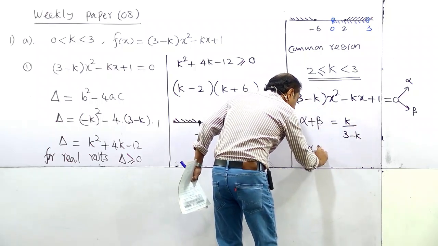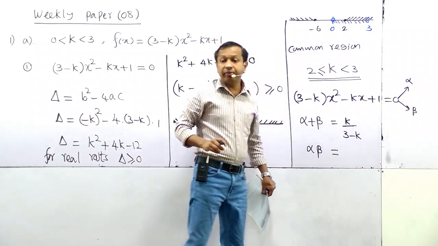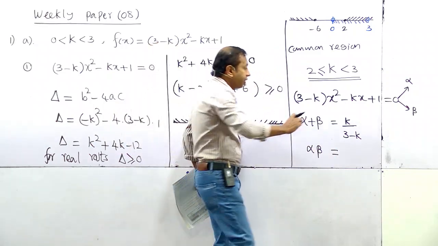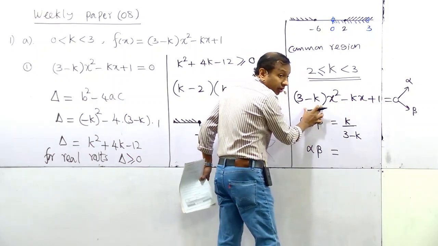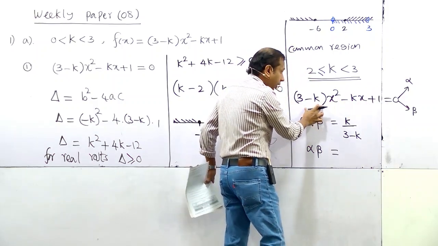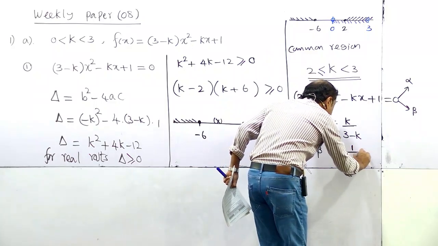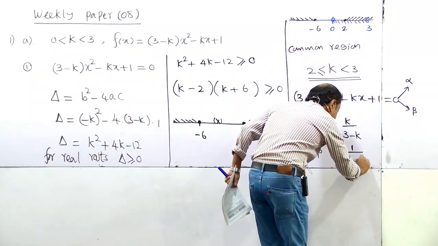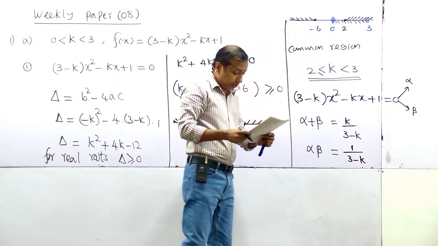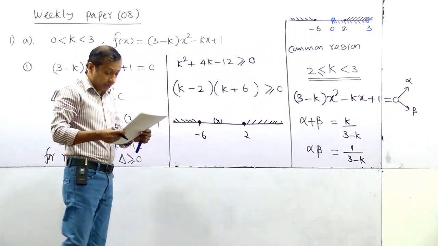And the alpha beta product, how to write? The constant term divided by a, c over a. It is 1 upon 3 minus k. We wrote alpha plus beta and alpha beta in terms of k.